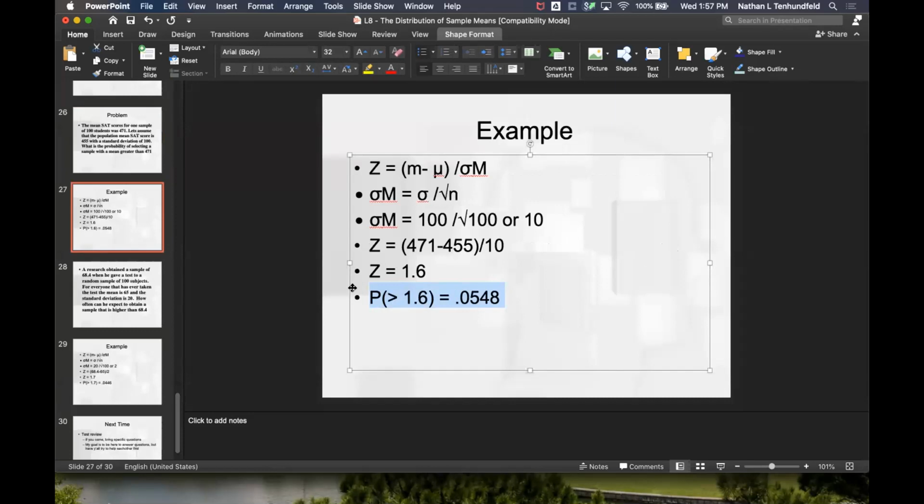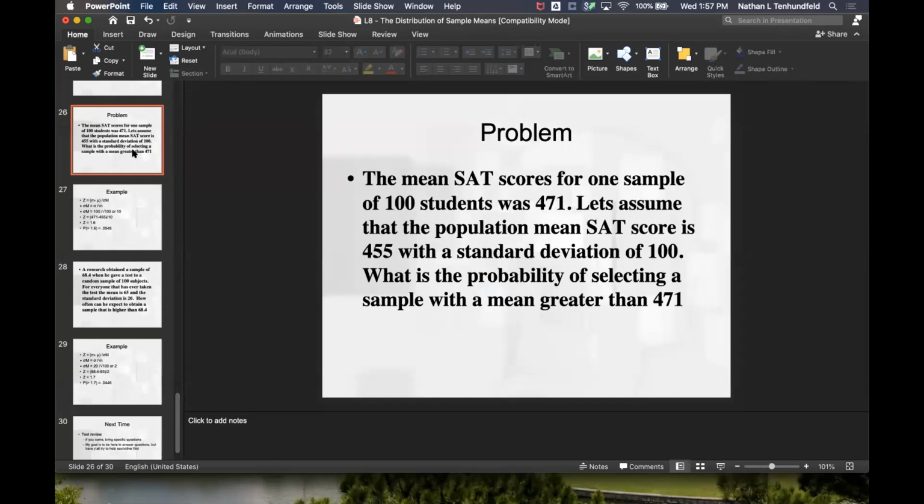So we used z equals the mean minus mu over the standard error of the mean because we were looking for the probability of the mean instead of just a single probability, right? Yes, we were looking for the probability of selecting a sample with a mean greater than 471. If this said, what's the probability of selecting a single person, then we would use that old equation of x minus the population mean over the standard deviation.